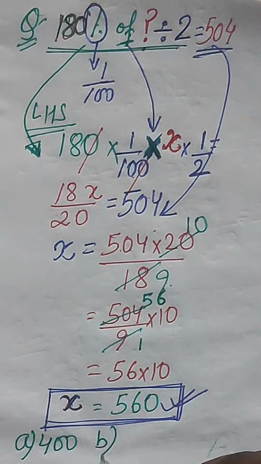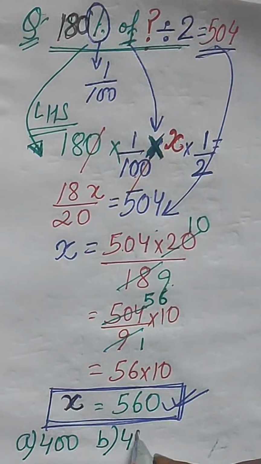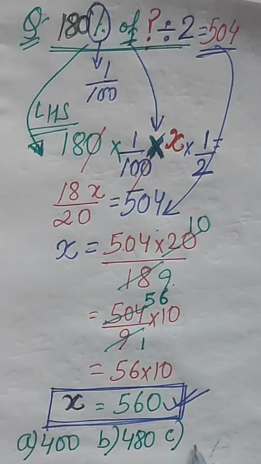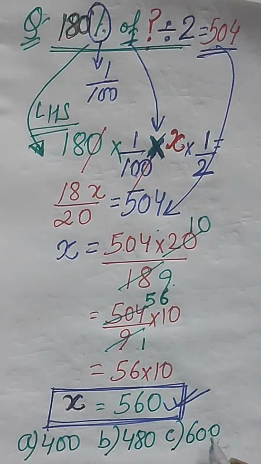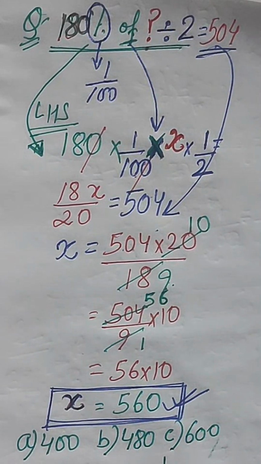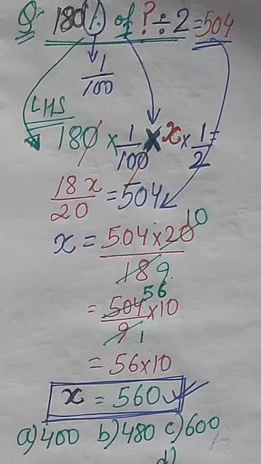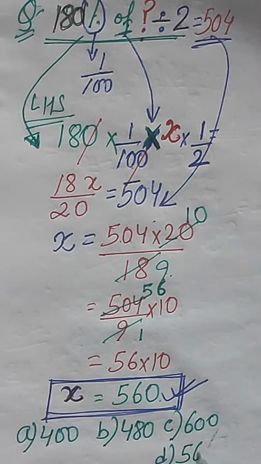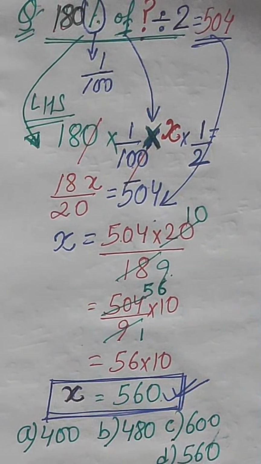Option B was 480. Option C was 600. And what was option D? Tell me. Obviously, our answer, that is 560. So which is the correct option?